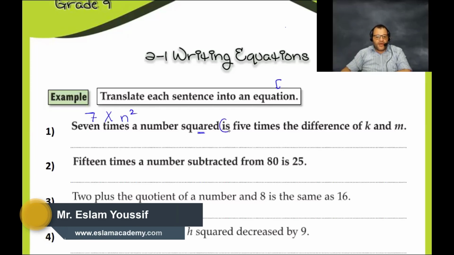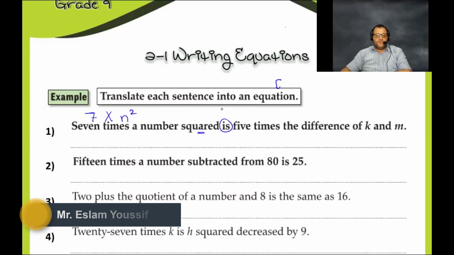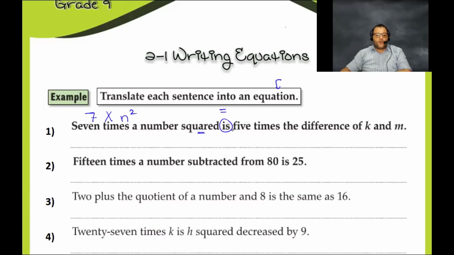What is the meaning of is? Equals. Is, as, and the same as all have the same meaning of equal. 5 times the difference: the difference, the sum, the product, the quotient mean we have an operation, so we have to put a bracket. What is the meaning of difference?